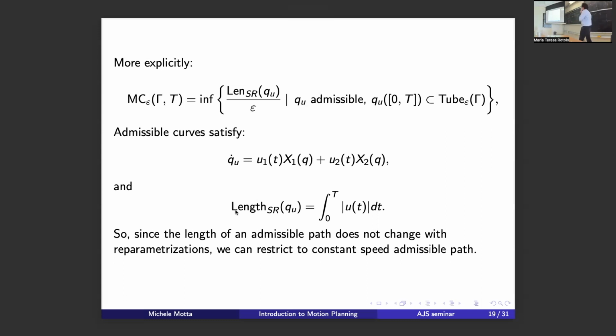And you can see that if we reparameterize the curve, we obtain that this reparameterization is admissible with some other scaled control. And so in particular, we can suppose that the velocity of our curve is constant. And this is a very, very important simplification of the problem.